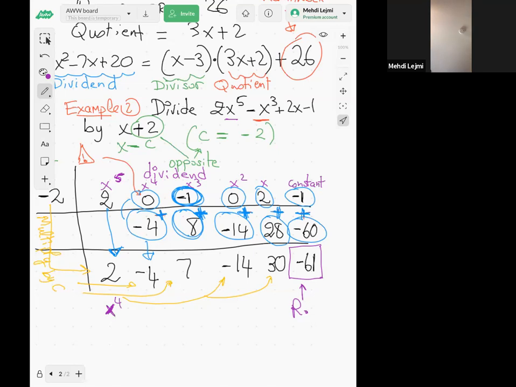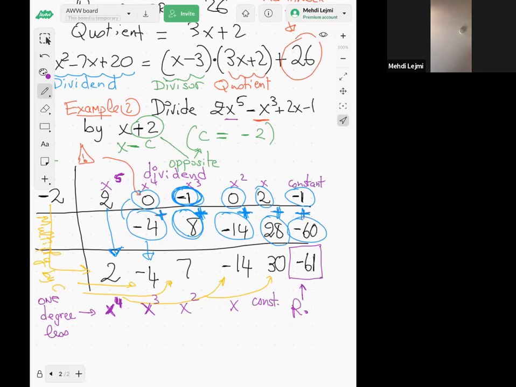If you have x power 5, here you start with x power 4. So this is always 1 degree less. So x fourth, then x cubed, and then x squared, then x, and then of course the constant.